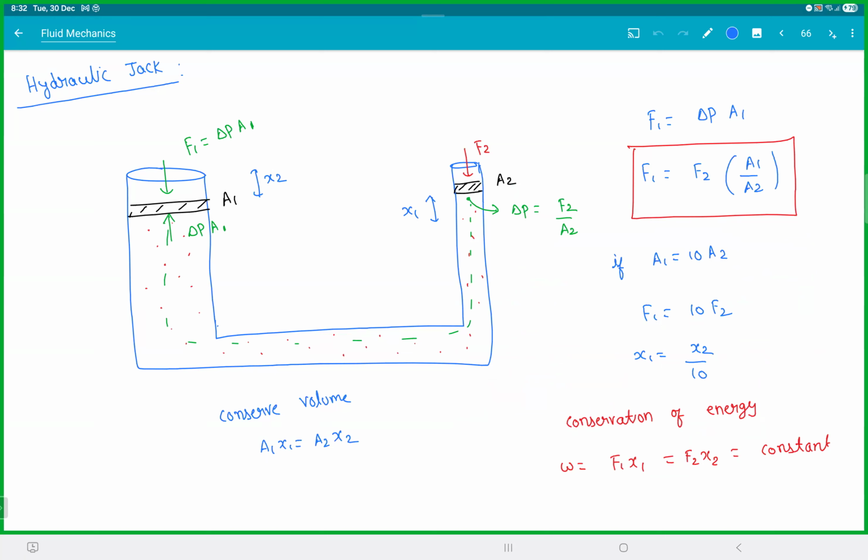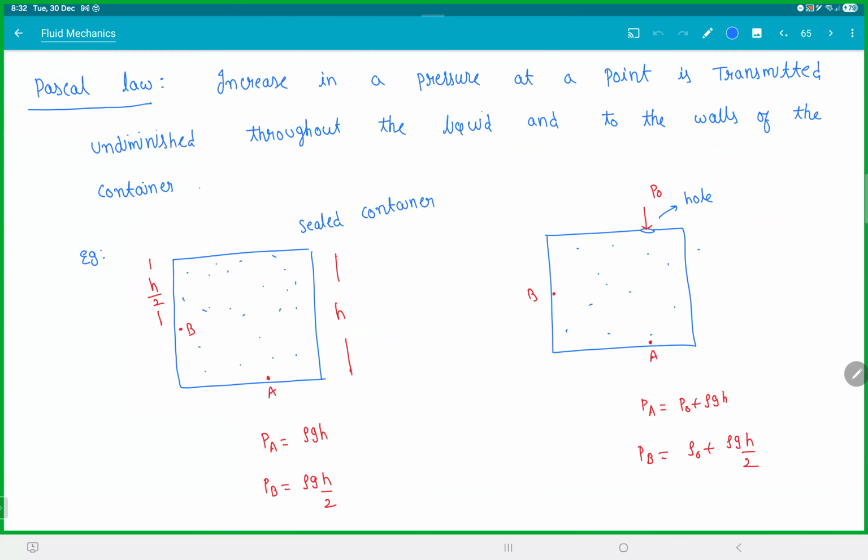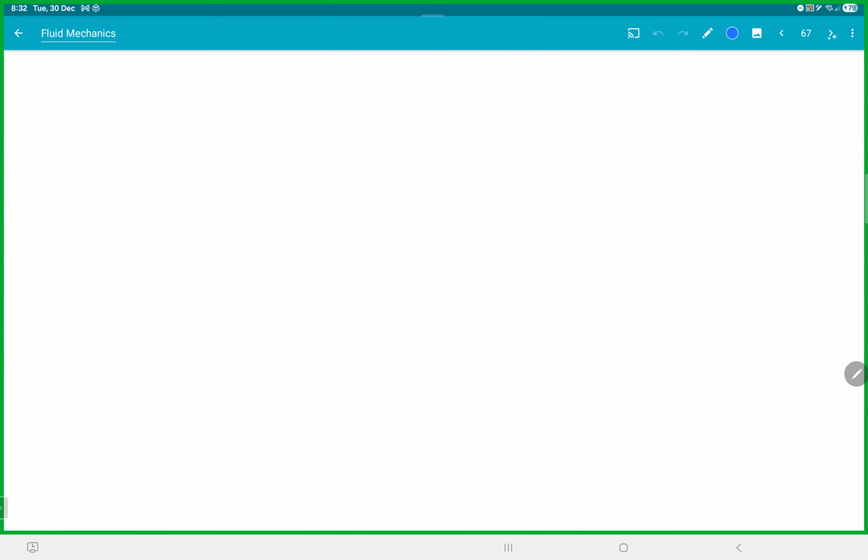The last thing we started with was Pascal's law. Let's go ahead with the theoretical question and then we'll do more. So let's say we have a system like this.